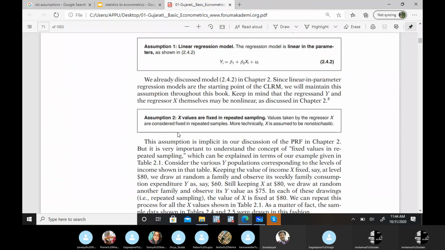The second is x values are fixed in repeated sampling. Now, you might think that we have only one sample, but it's about repeated sampling, so why this assumption? So far, the derivation we have done to estimate the beta coefficients did not require these assumptions.